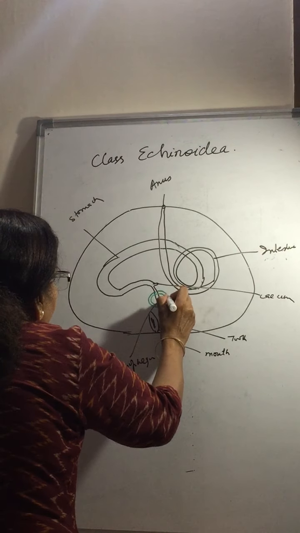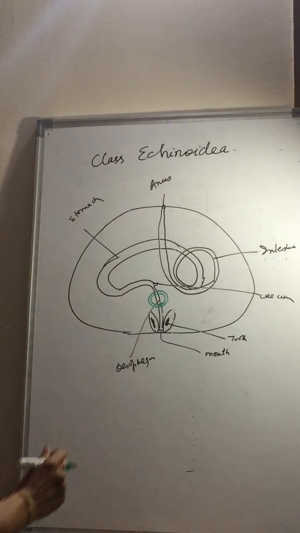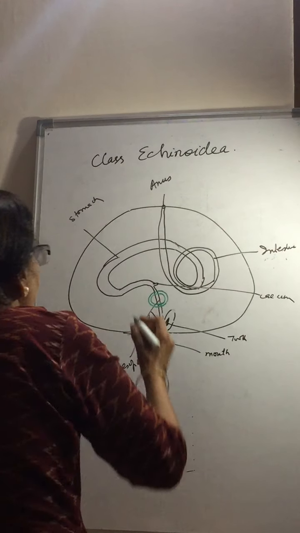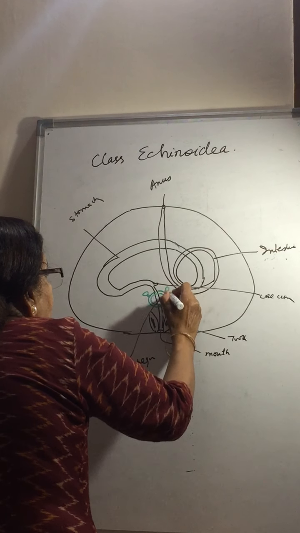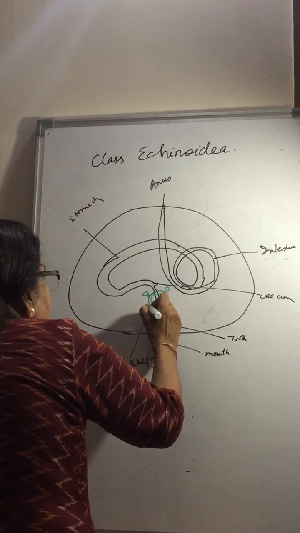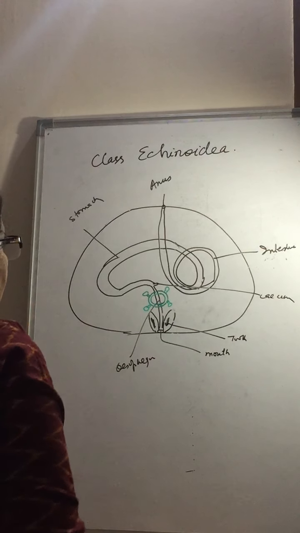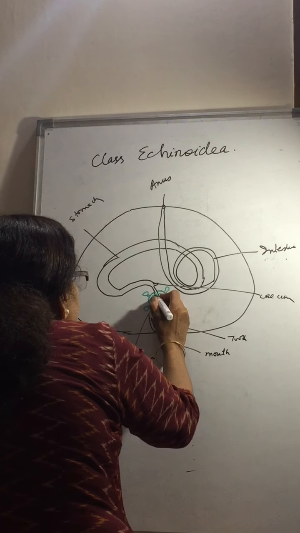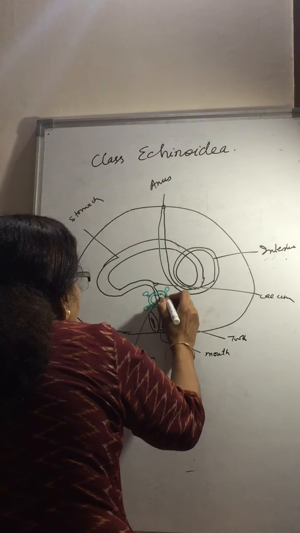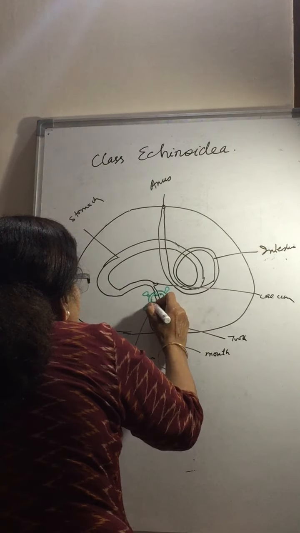From the ring water canal, the Polian vesicles are there. There are 4 Polian vesicles. There are Tiedemann's bodies also. Now these are the Tiedemann's bodies which are also there.